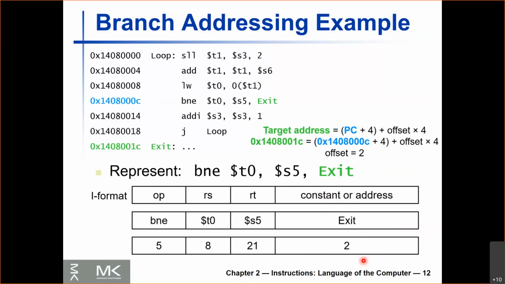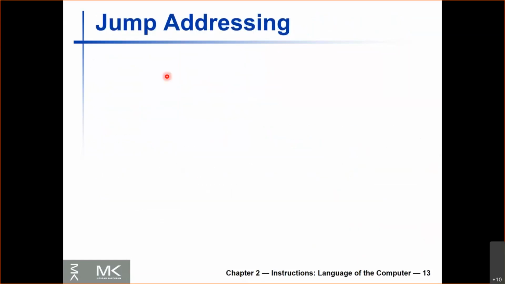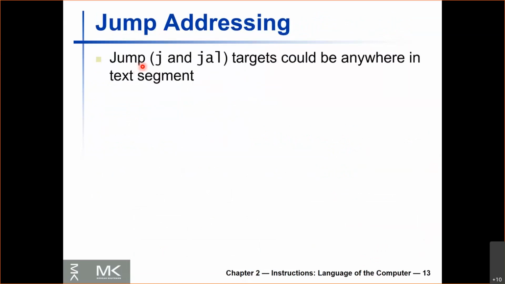Okay, if there aren't any other questions, let's move on to the next control flow instruction, which is jumps. So the other question is, how do we do jump addressing? How do we represent jump instructions? So for the jump instruction, the J, and by jump instruction, I'm specifically referring to J and JAL, not jump register, because jump register, you're just jumping to an address in a register. A register can store 32 bits, so we don't have to worry about jump register.